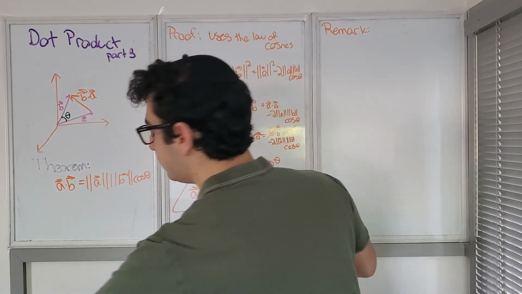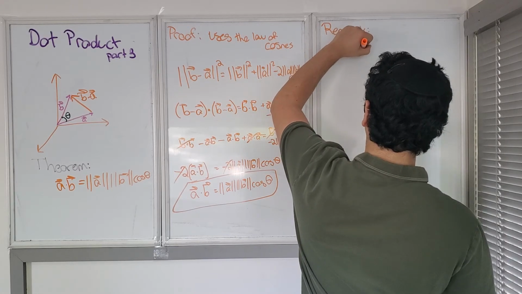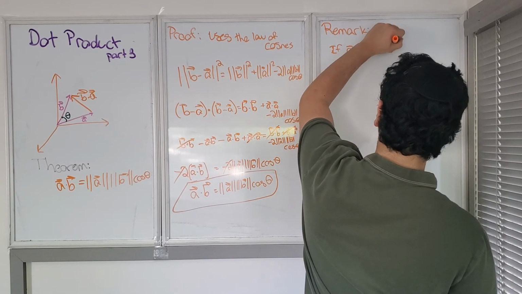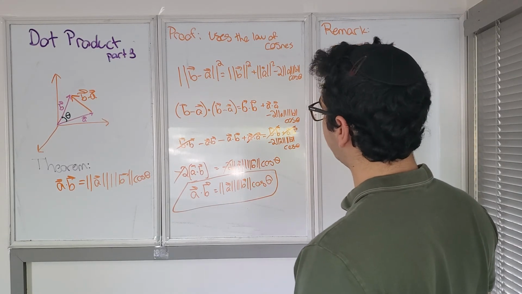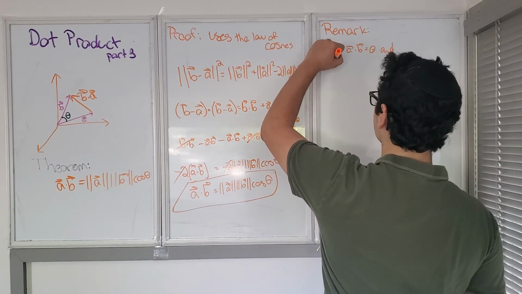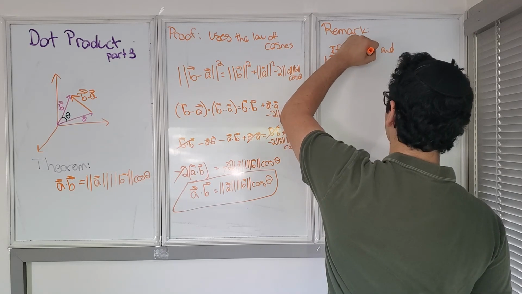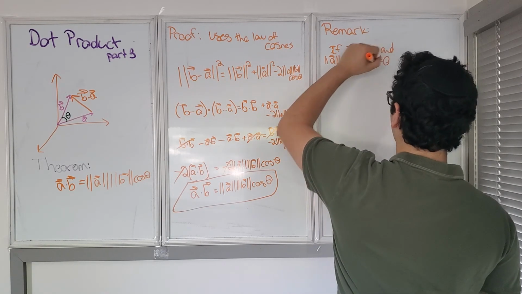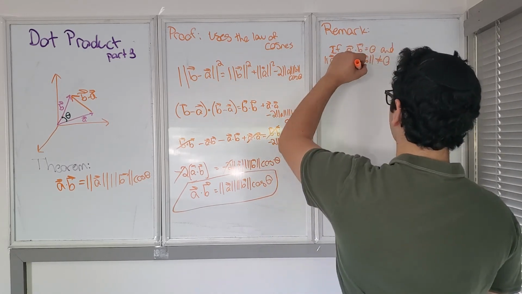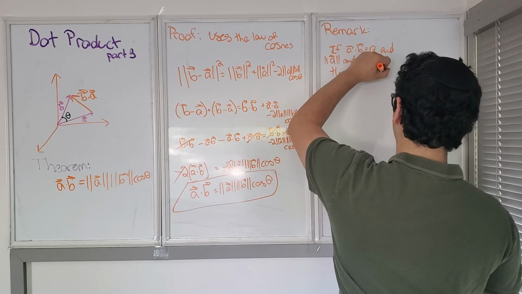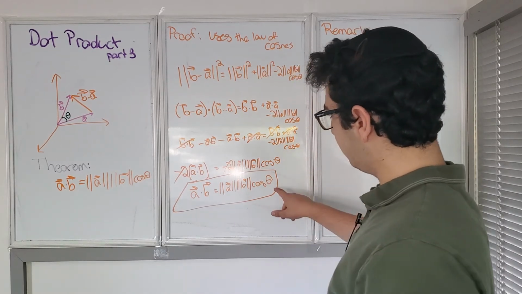If we have A dot B equals 0, and we also know that the magnitude of A and the magnitude of B are not equal to 0, then we know that A is perpendicular to B. That's because the cosine of pi over 2 equals 0.